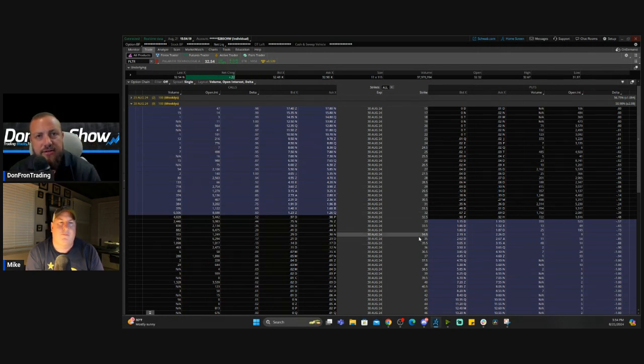If Palantir is going to go down $5 or up $5 right here, it would go from 21 cents to 2 cents. That's it. And if Palantir goes from 32 to 37, and you're in the 35 strike, that 35 strike is going to go from 21 cents to $2.73. So that's all it's ever going to do.